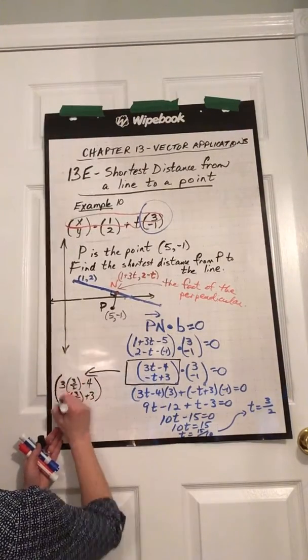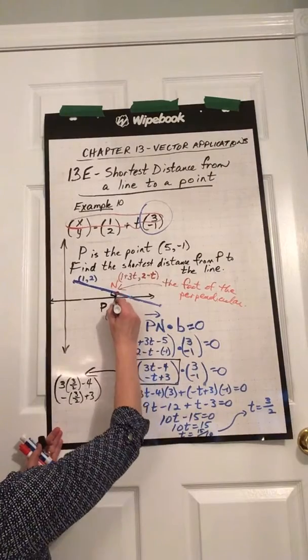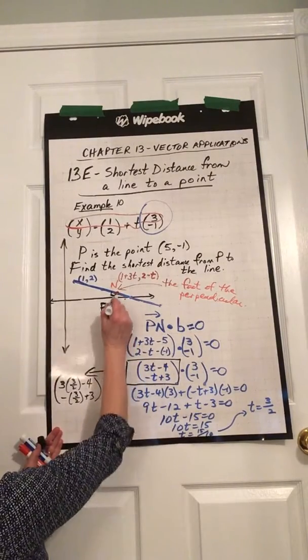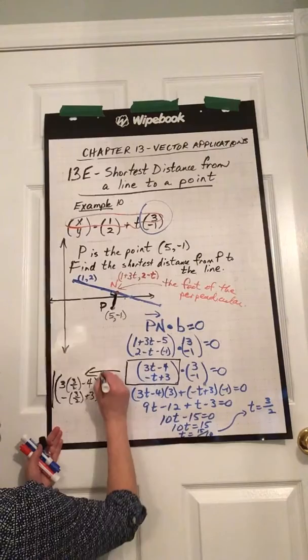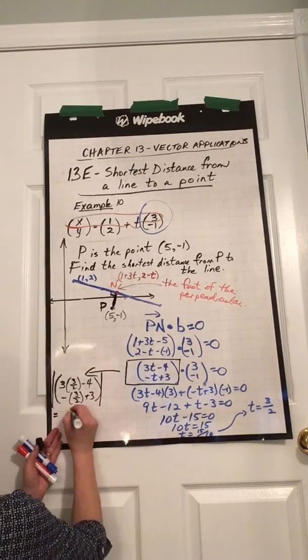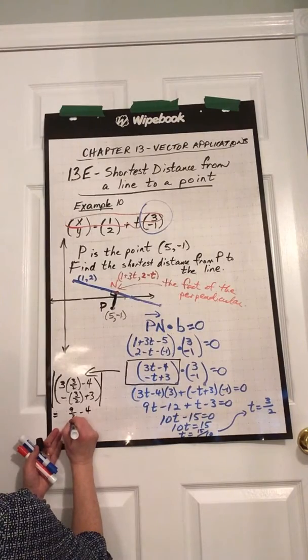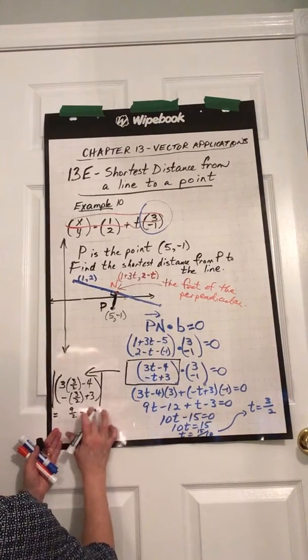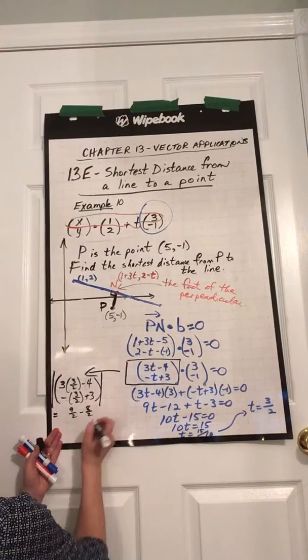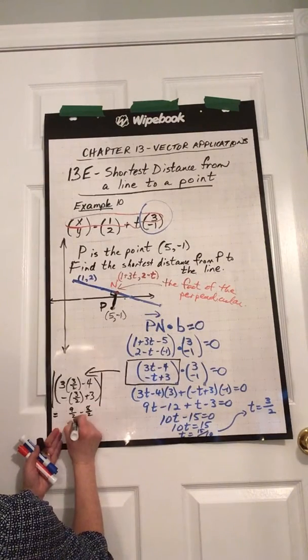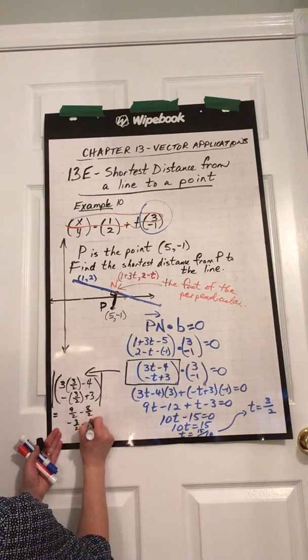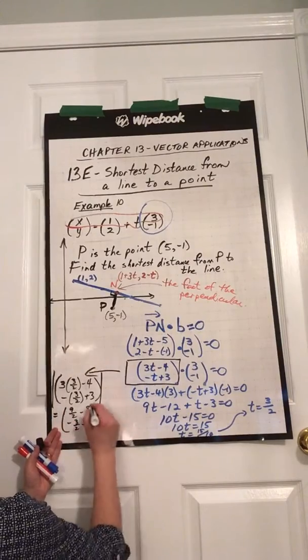This will be the vector PN, which is this distance right here, from here to here. We're going to find out how long that is. Four is 8 over 2. Negative 3 over 2 plus 6 over 2.